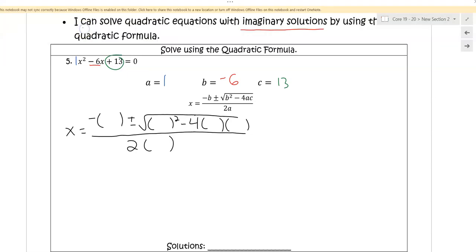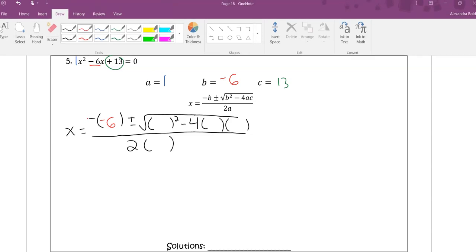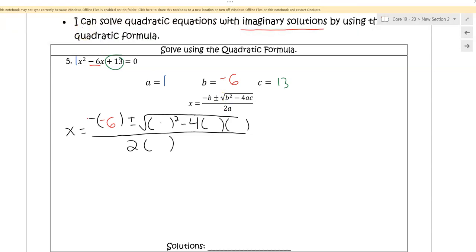So our first letter is b. Inside the parentheses, I put negative 6. There's a negative and a negative together, right? That does happen. Again, our next letter is b, so negative 6 in there. Our next letter is a, so 1 goes in there. Our next letter is c, and then our letter on the bottom is a.